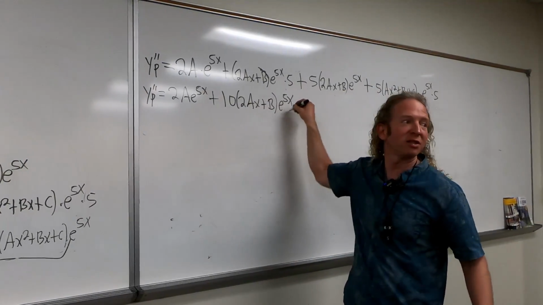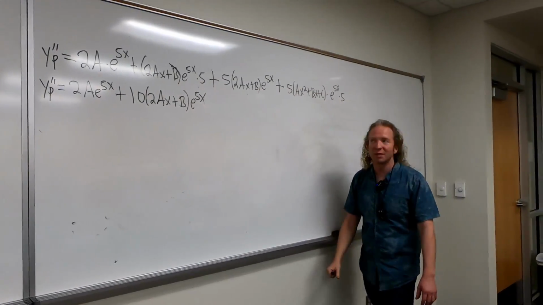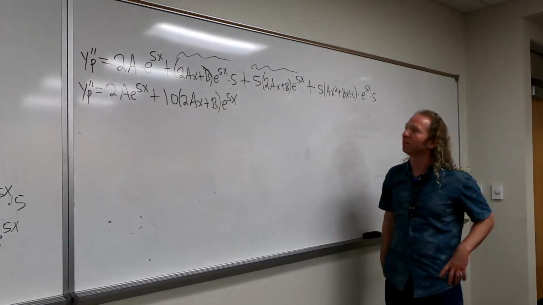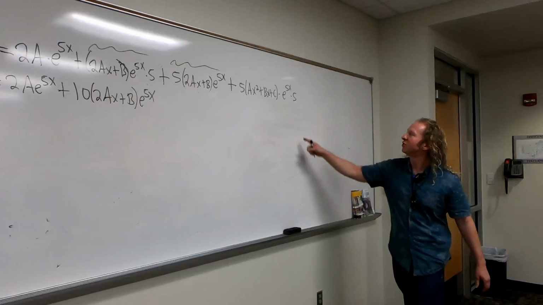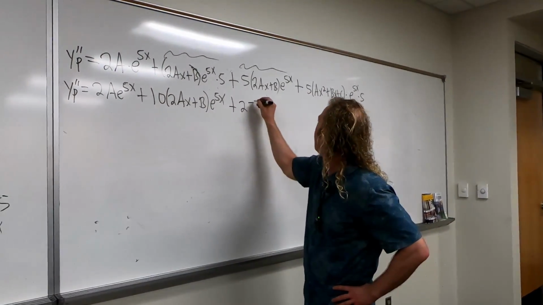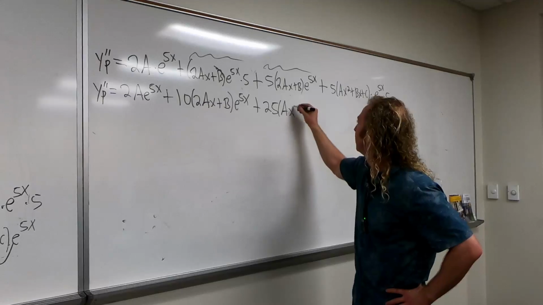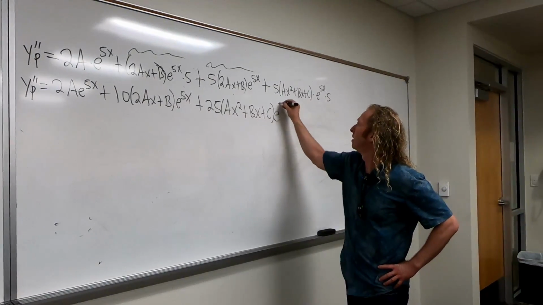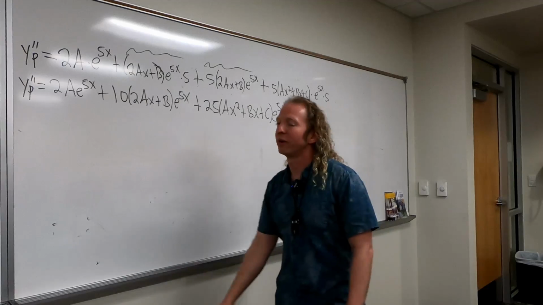Good observation. That's pretty cool. I'm going to put tildes above them so you see what's going on. So there you go. Combine those. And then this one is 25 times ax squared plus bx plus c, e to the 5x. And the 25 at the end.